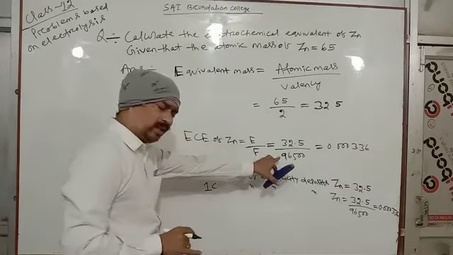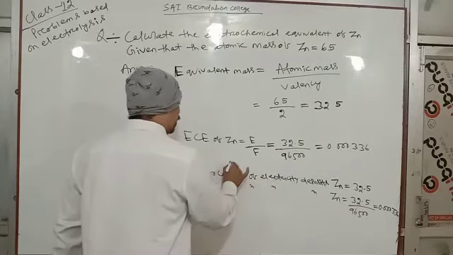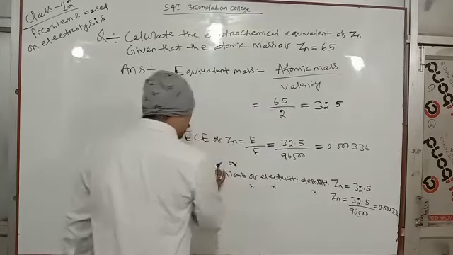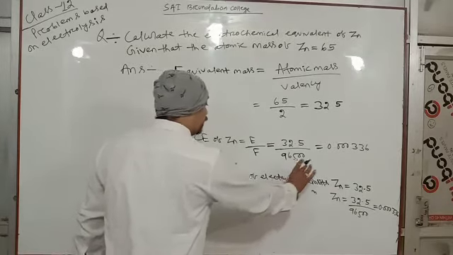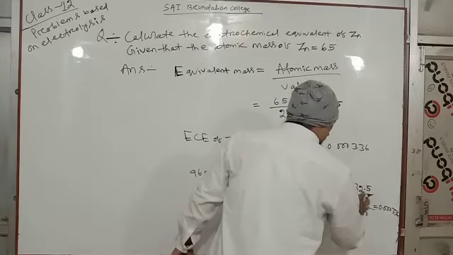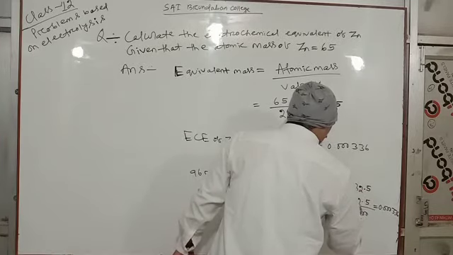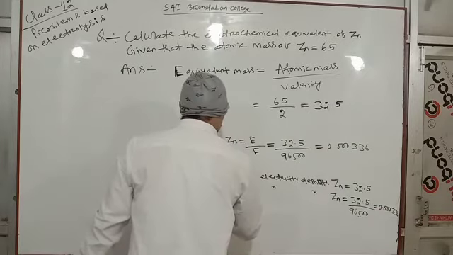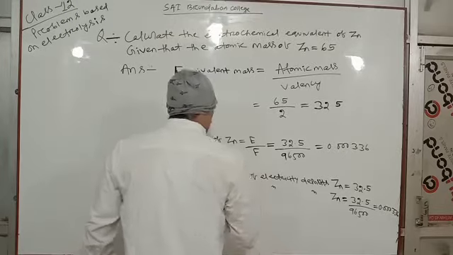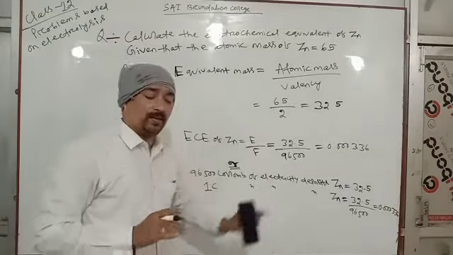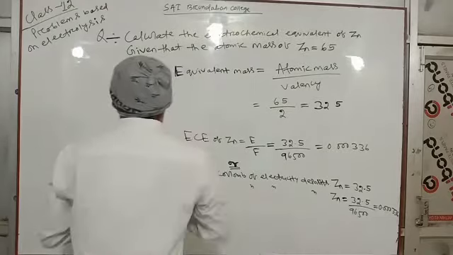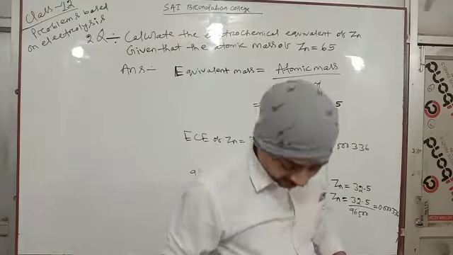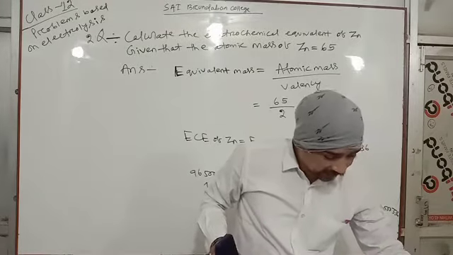You can write this directly, otherwise manually you can solve it. 96500 coulombs of electricity deposit 32.5, 1 coulomb deposits 32.5 by 96500. That is this much. Clear? So this is question number 2. Next, question number 3.